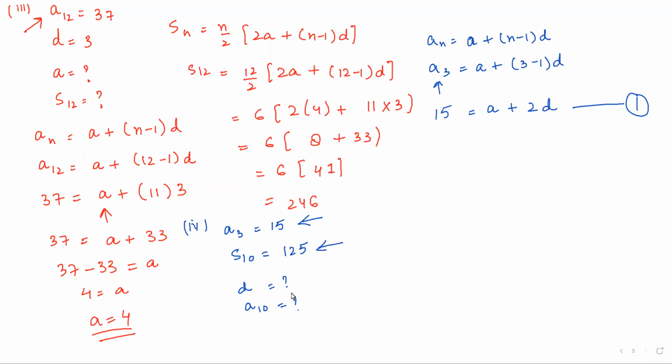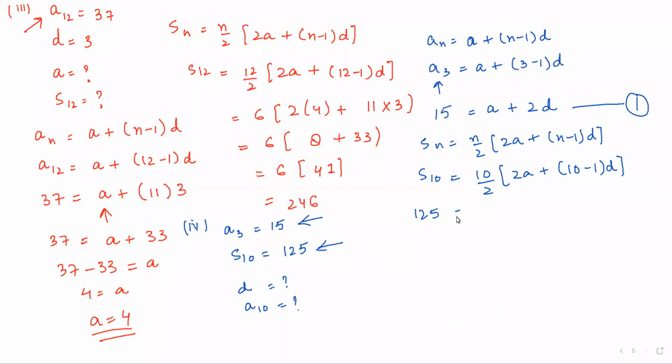Now S10 is given. So you start with the Sn formula, right? Sn is n by 2, 2a plus n minus 1 into d. So S10 becomes 10 by 2 into 2a plus 10 minus 1 into d. Now S10 is given, that is 125, so 125 is equal to 5 into 2a plus 9 into d.